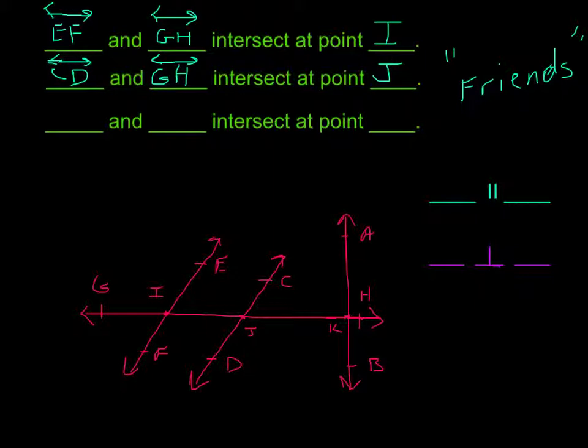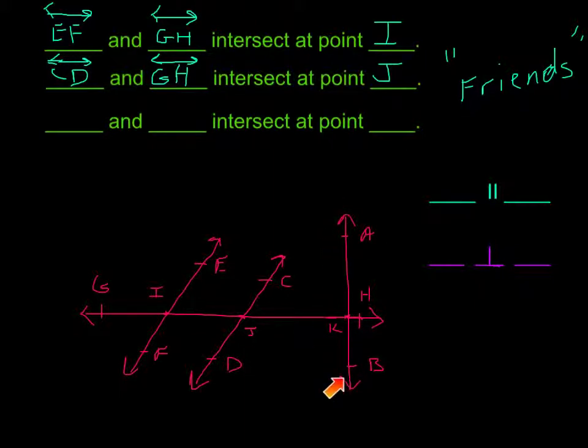Then we can go down to our next one here. And this one is actually a perpendicular line, but it also is an intersecting line because it still intersects another line.